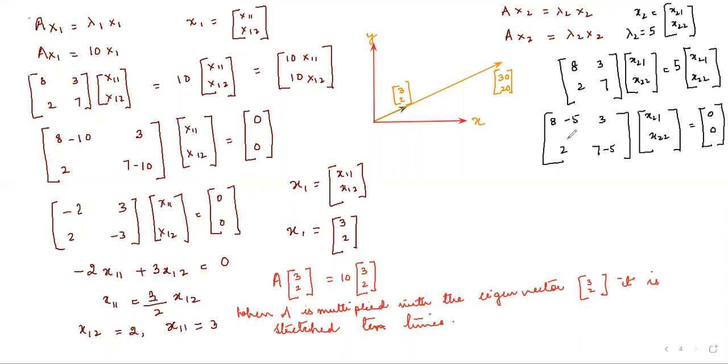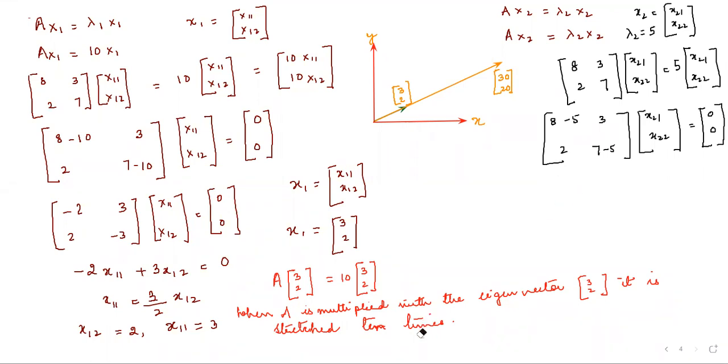Solving it, we get two equations, 2x21 plus 3x22 equal to 0. Further solving it, excuse me, this should be 3 and 3. So this is 3 and 3.